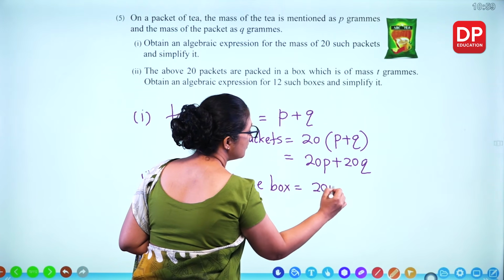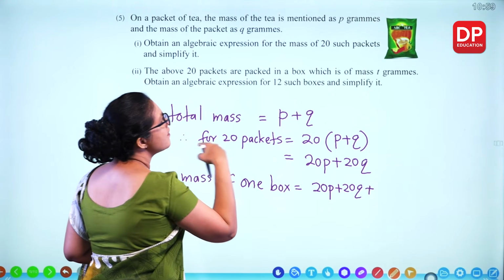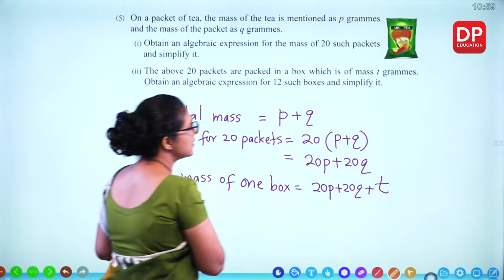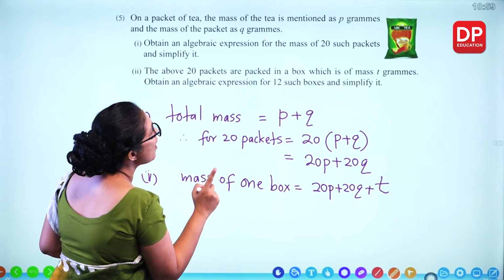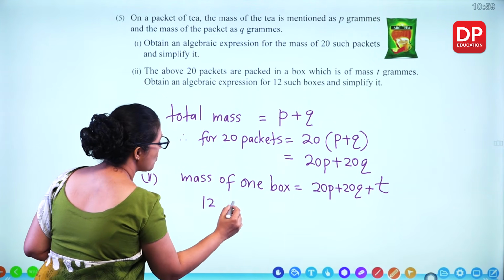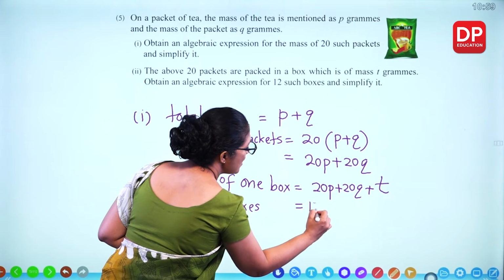This value, and there's extra t grams for the box. That's for one box. There are 12 such boxes. So, for 12 boxes, you have to multiply this by 12.